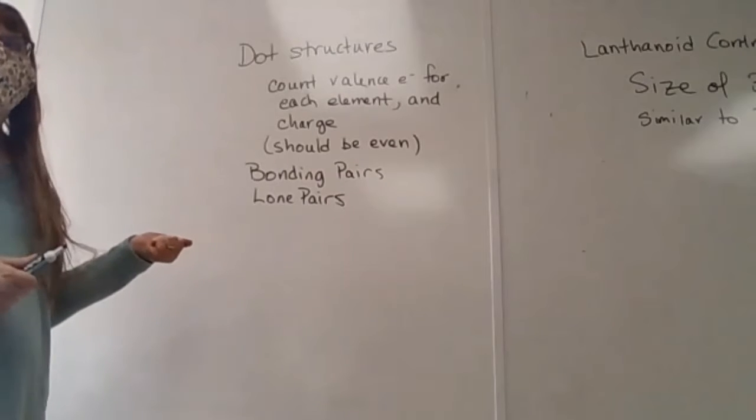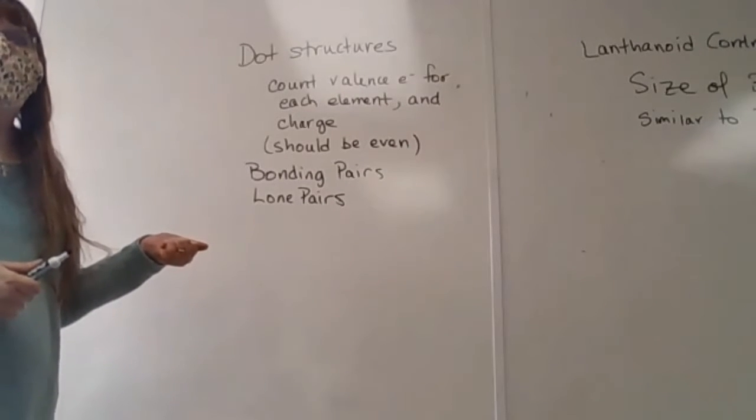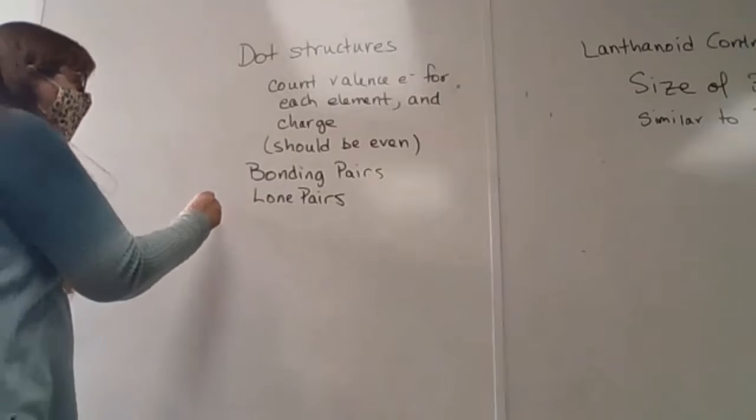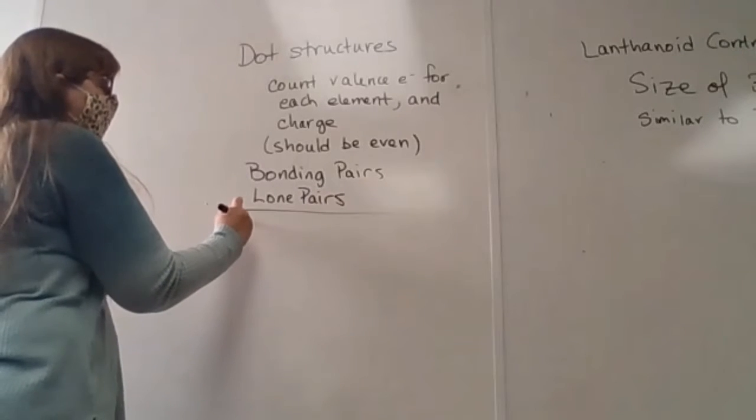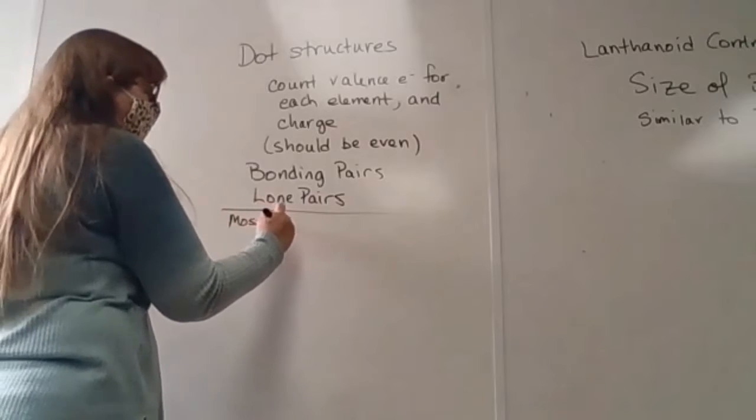Anybody uncertain how to determine number of valence electrons? Excellent. Okay. So once we have our valence electrons, our most electropositive goes in the middle.